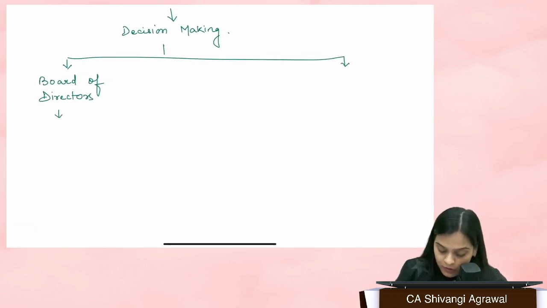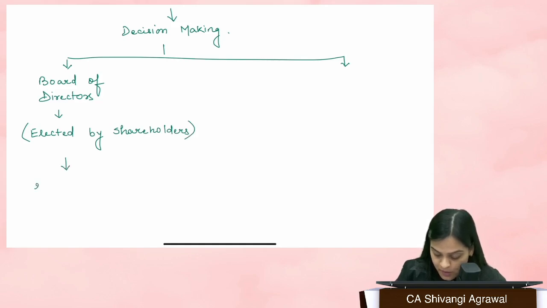Board of directors are elected by shareholders. So shareholders decide who is going to manage my company. The directors are responsible for managing the affairs of the company.